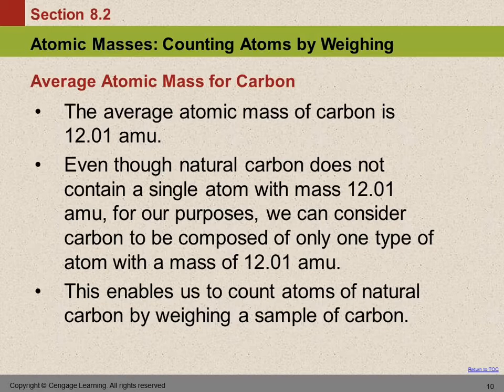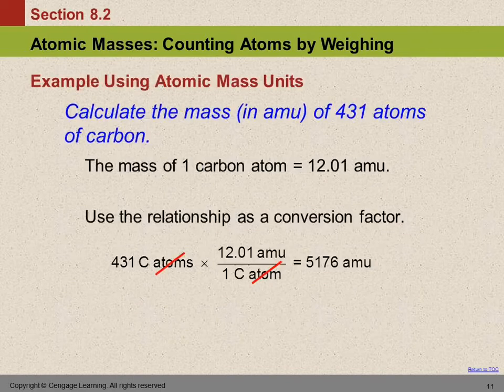But there's this average, this medium in the middle that we think of as normal, even though nobody actually hits it. But even though there are no actual atoms that weigh 12.01, the average is 12.01, and that's what we care about. And that enables us to count atoms of carbon by weighing a sample of carbon.